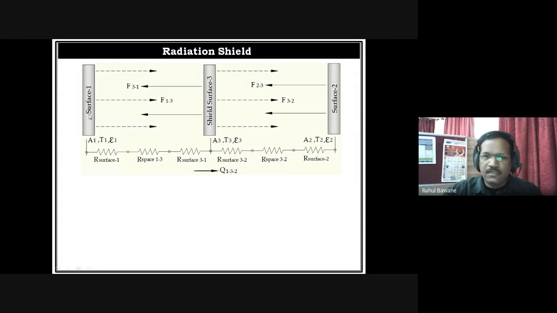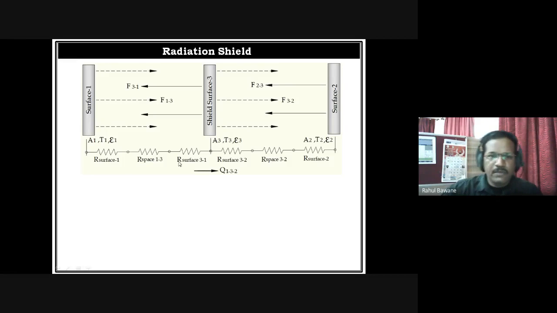Suppose heat transfers from surface 1 to 2, and if I insert a radiation shield, heat transfer will be first from surface 1 to 3, this shield, and then from the shield to surface 2. But because of the insertion of this shield, the total radiation will reduce.